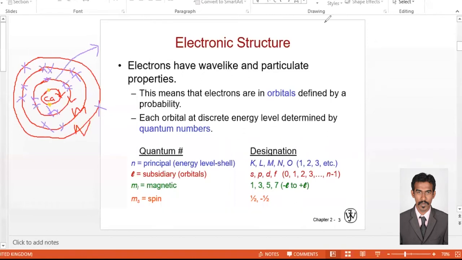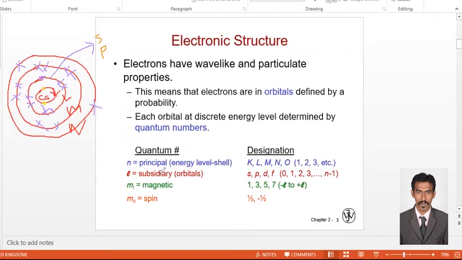If I draw it in secondary, this one will have an s orbital and a p orbital. The subsidiary orbital is also called the secondary orbital. They are denoted by small s, p, d, and f, only these four. For the principal orbit, we have K, L, M, N, O, P and so on, but for the secondary orbital we have only these four.